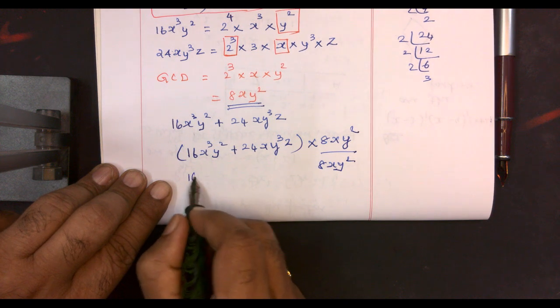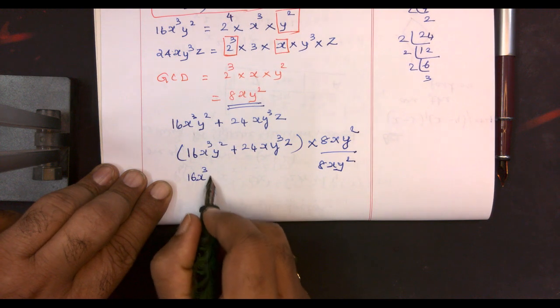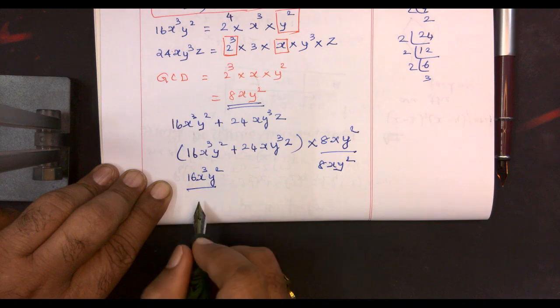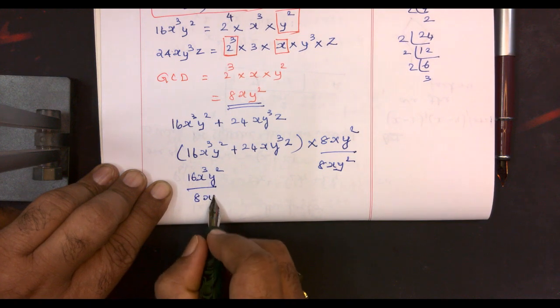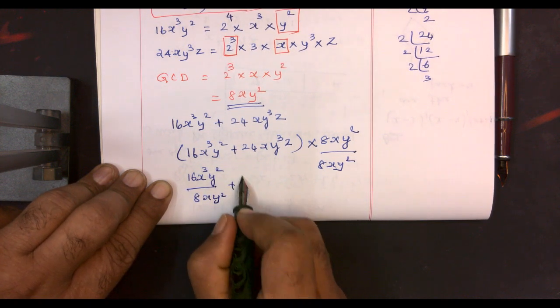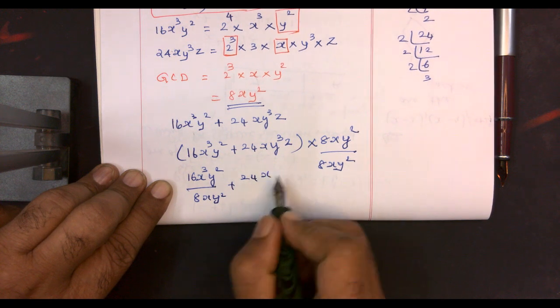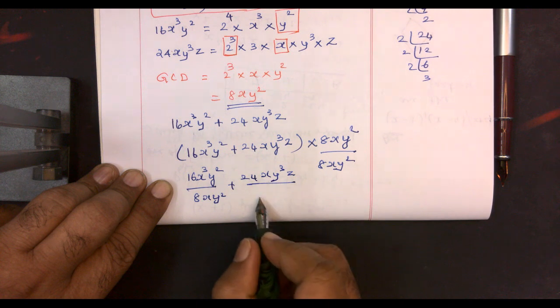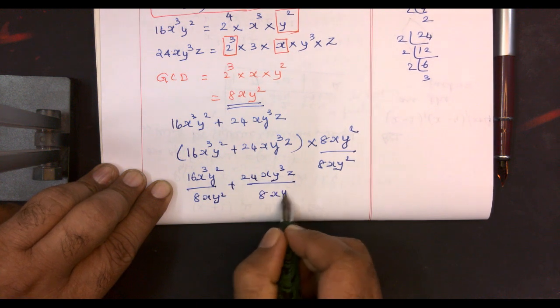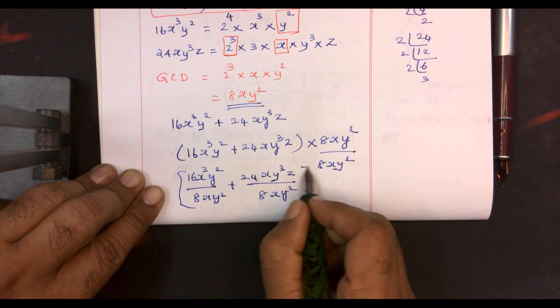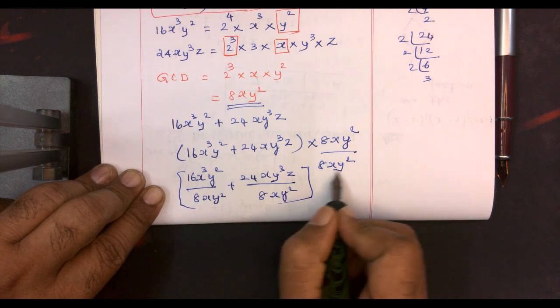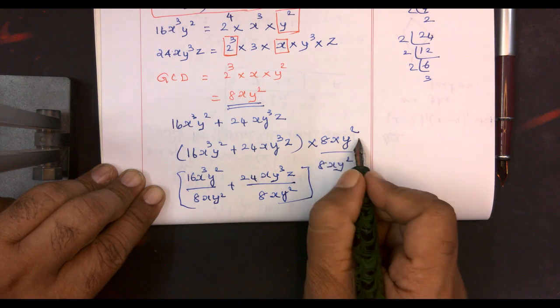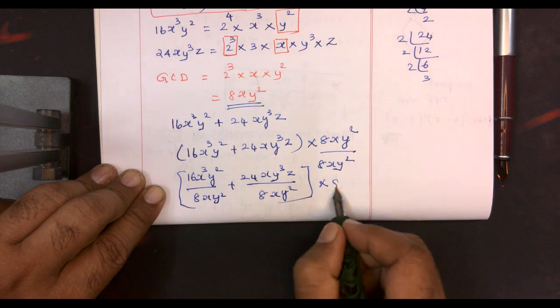So 16x cube y squared divided by 8xy squared plus 24xy cube z divided by 8xy squared. Are you able to follow? So I have taken the denominator. The numerator is retained as such.